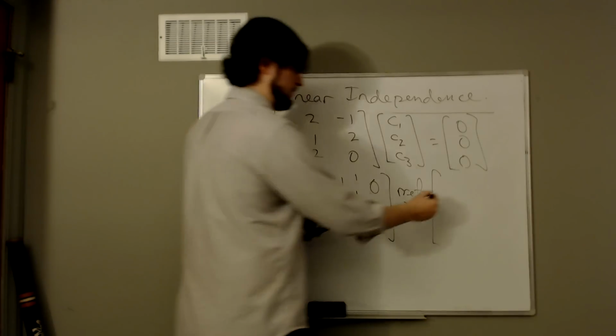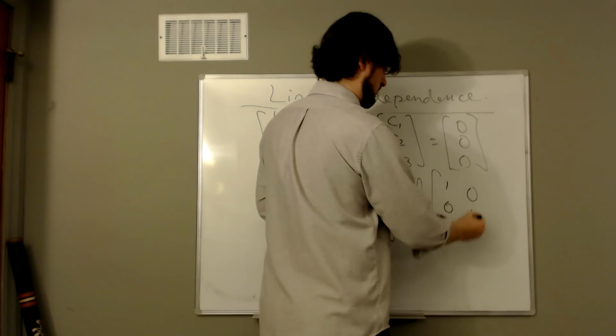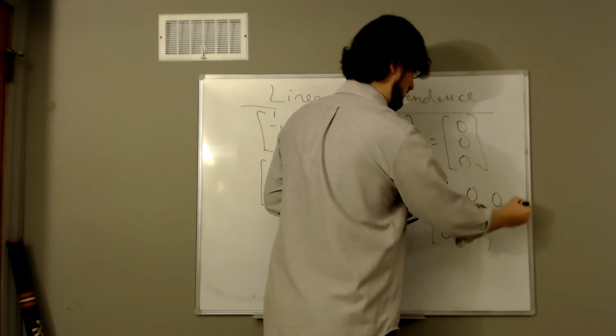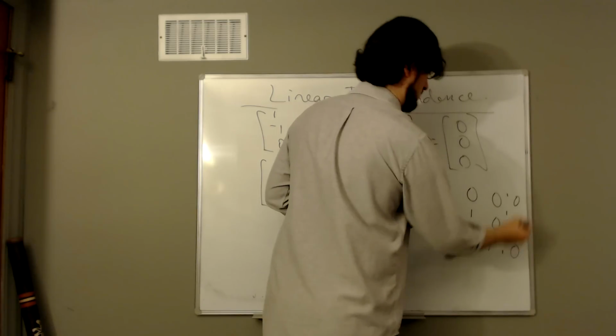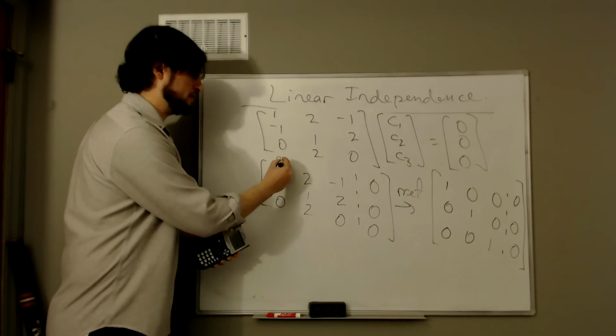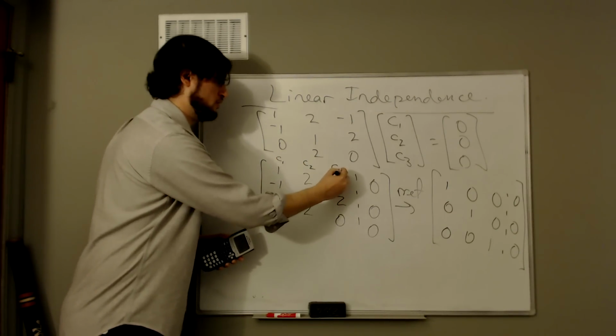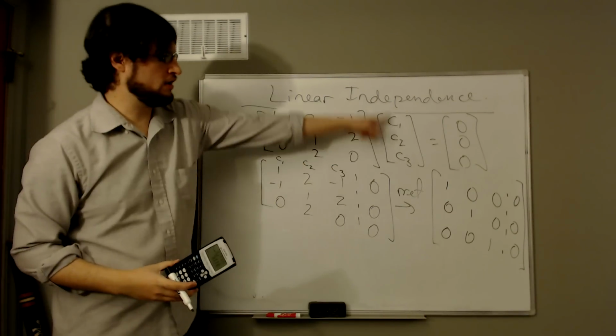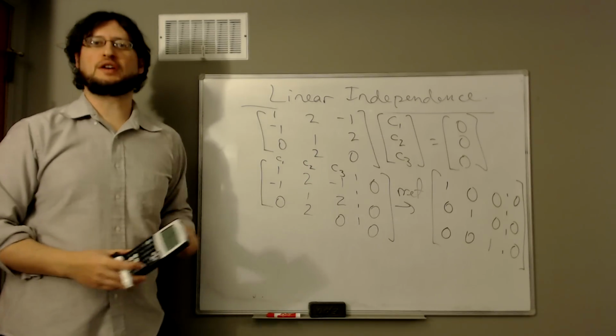And this is what we get. So what does that mean? Remember that this now corresponds to C1, C2, C3, because those are the entries of our unknown vector x.